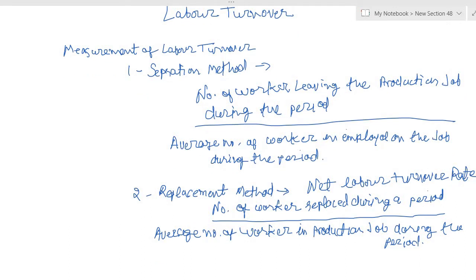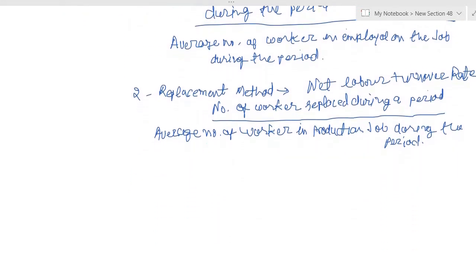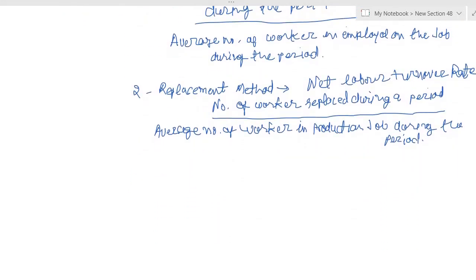Okay, we have discussed two methods, separation method and replacement method, for measurement of labor turnover. There is a third method also, which is the flux method.